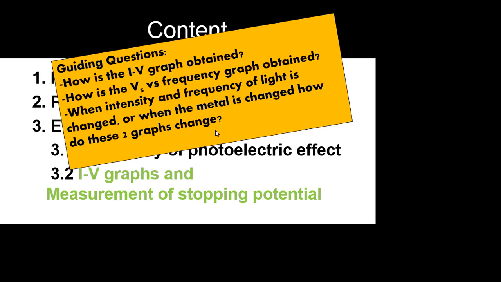So these are some of the guiding questions. Can you write them down at the top? How do you get your IV graph? How do you get your stopping potential versus frequency graph? When the intensity and frequency of light is changed, how do these two graphs change? When the metal is changed, how do these two graphs change?